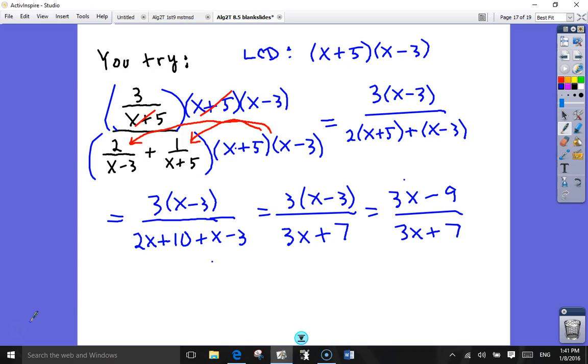So 3 over x plus 5. 3x plus 7, 10 minus 3. Then x minus 3 times x plus 5. Okay, and then how do I go from there? How do we divide fractions?